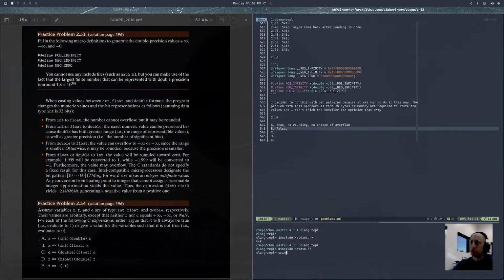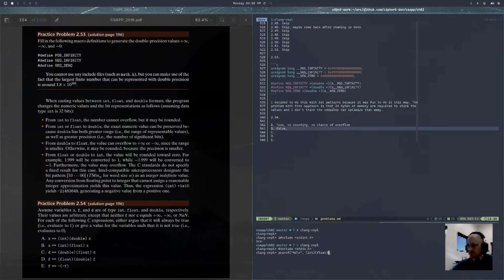And then we're going to do a printf of percent D, and we're going to give it a value that is the int of a float of some numerical value.